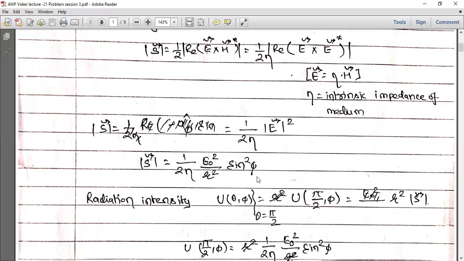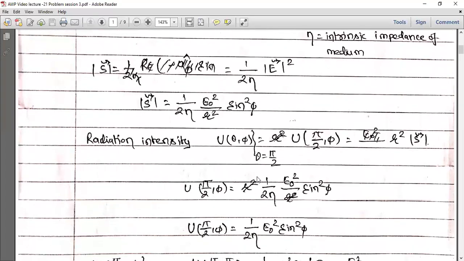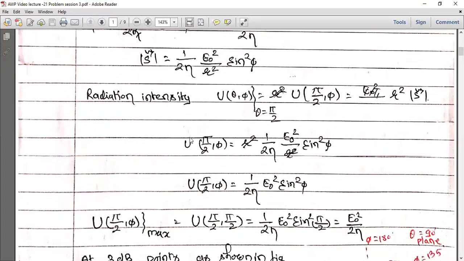So if you have the magnitude of the time average power density, you can find radiation intensity by multiplying it by r square. So we multiplied it by r square, and we found that the expression for U pi by 2 comma phi, or radiation intensity in the theta equals pi by 2 plane, is given by 1 upon 2 eta, r square cancels, 1 upon 2 eta E0 square sine square phi. So this is the final expression for radiation intensity.